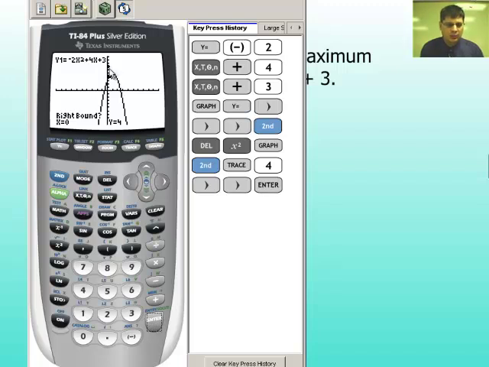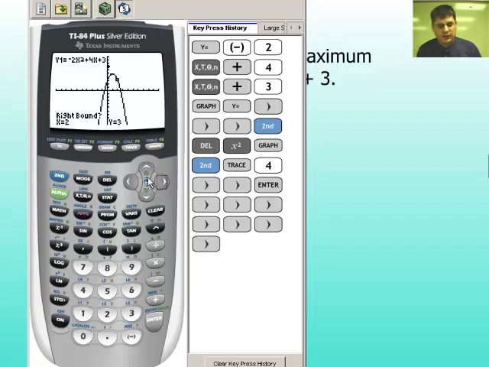It's hard to see, but a little arrow pops up, and then it's going to ask for the right boundary. So I'm going to arrow to the right, just a little bit to the right of the vertex, and press enter, and there's another little arrow. These are the boundaries, so it's going to look for the highest y value, the maximum between these two arrows, and hopefully your vertex is in there.